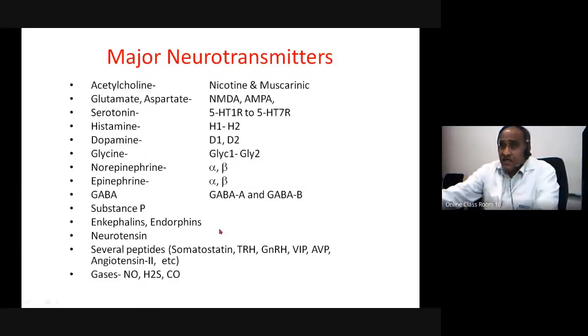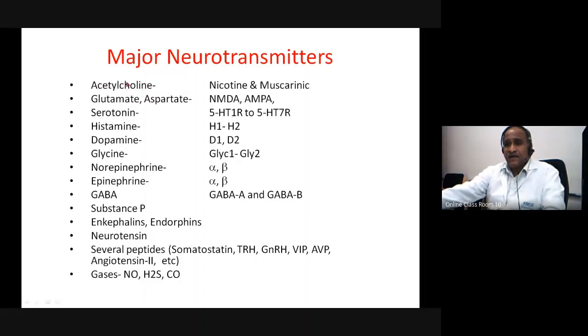I have written glutamate and its sibling, aspartate. These are excitatory amino acids: glutamate, aspartate, kainate, quisqualate and so on. I have intentionally not written kainate and quisqualate. So glutamate is the major neurotransmitter of the central nervous system. It is an excitatory neurotransmitter.